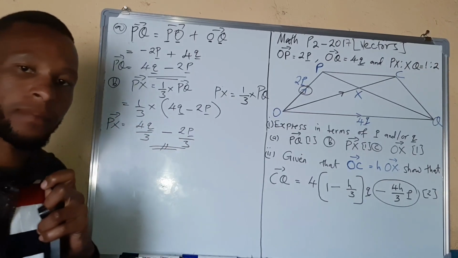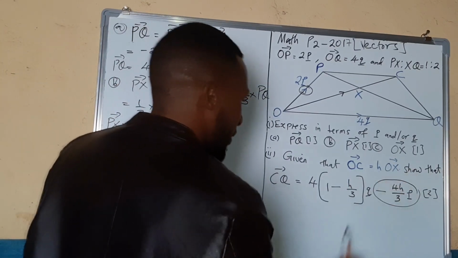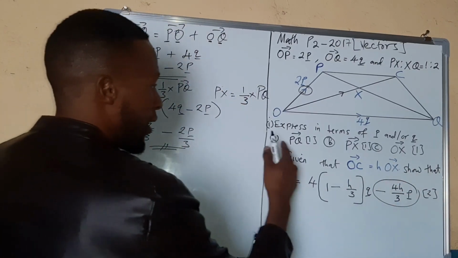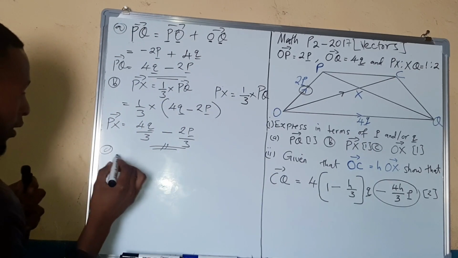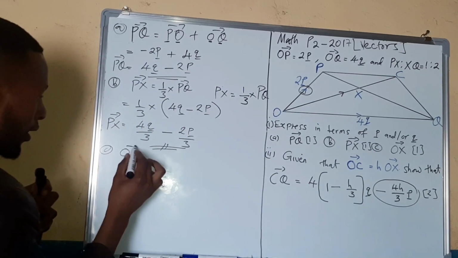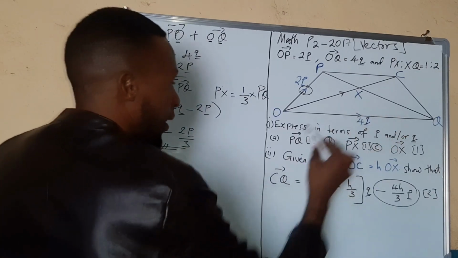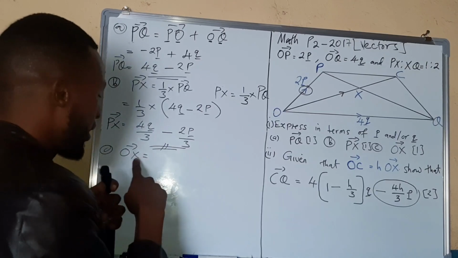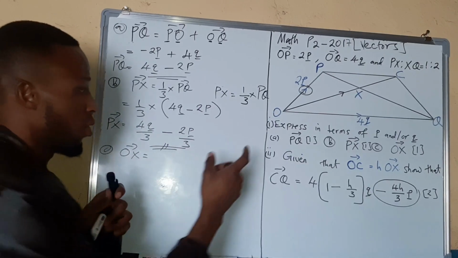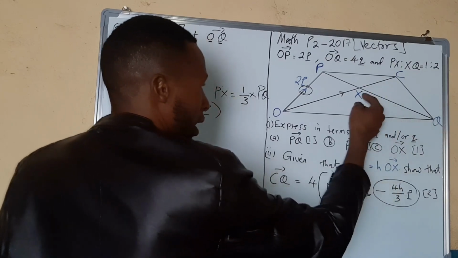That's all. I hope you are following. Let us go to OX. C is saying find vector OX. The starting point here is O, the ending point X. If I start from O, I go OQ, then QX.